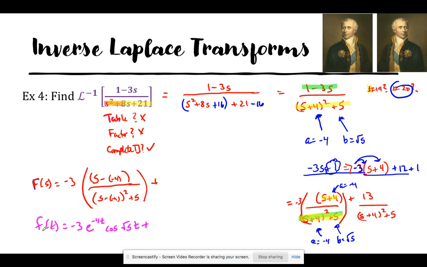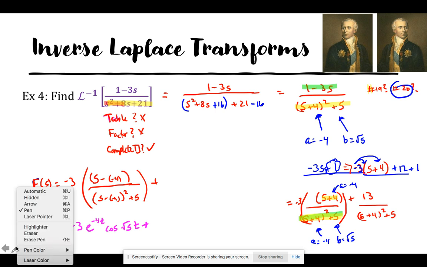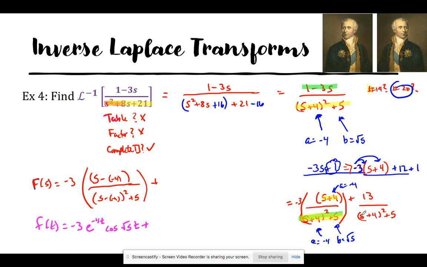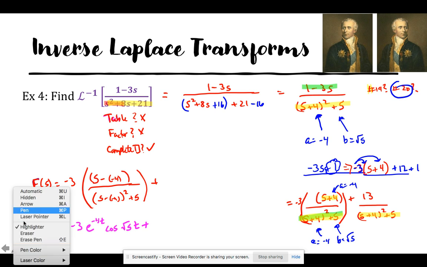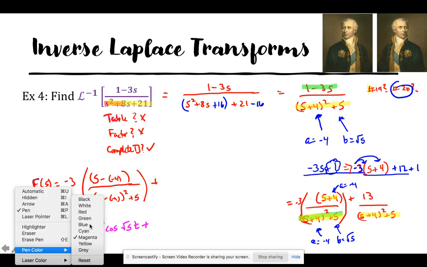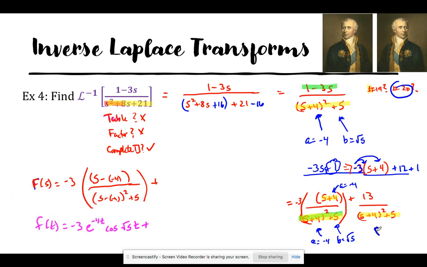Feel pretty good. All right, let's go back and look at my second part. So I recognize that my denominator, same A, same B, but who does this, with just a single number in the numerator and nothing I can really do with 13?